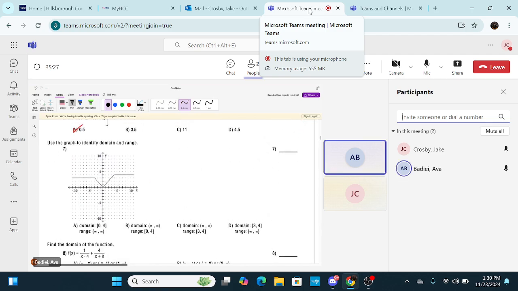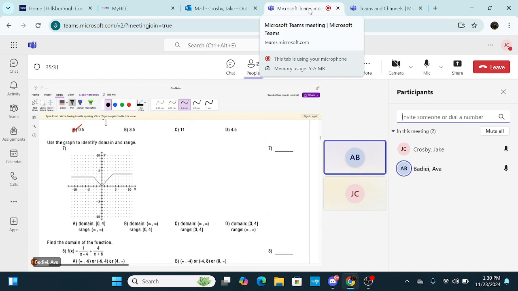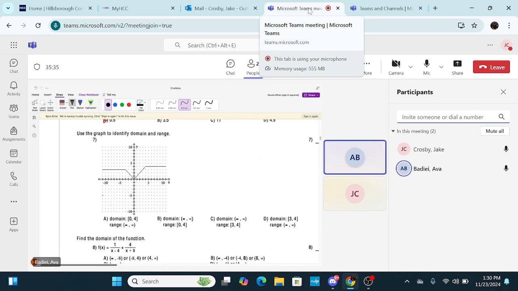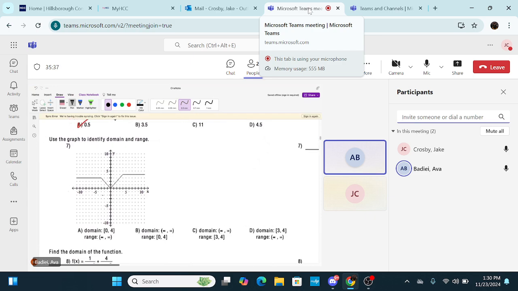Okay, now domain and range. How about those? Let's do number 7. Okay, so use a graph to identify domain and range. First thing first, for domain, which one of these is the x values? Which one is the y values?